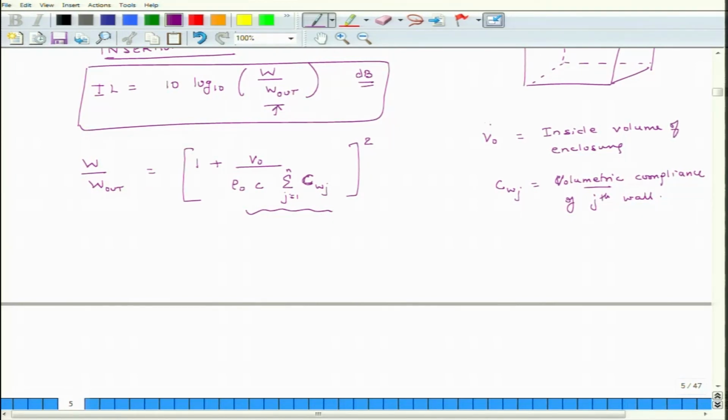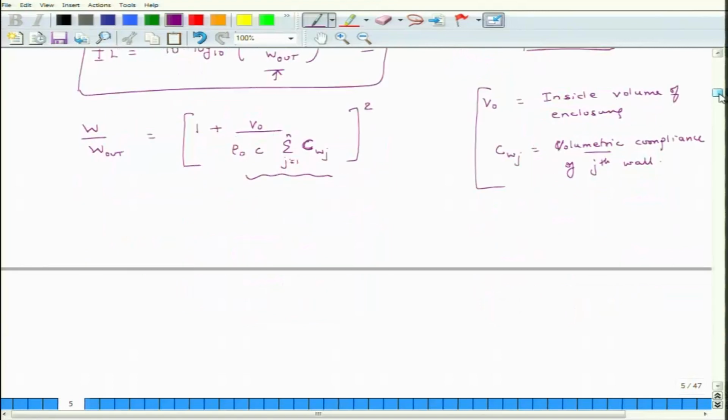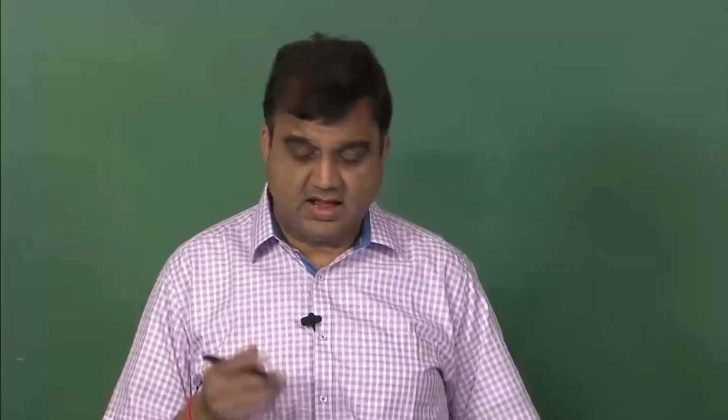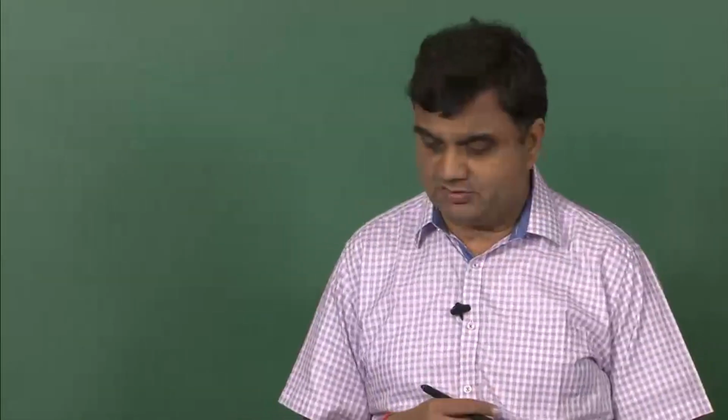So, if we want an enclosure which is very effective, we have to make sure that each wall is as less compliant as possible. It should be as rigid as possible.